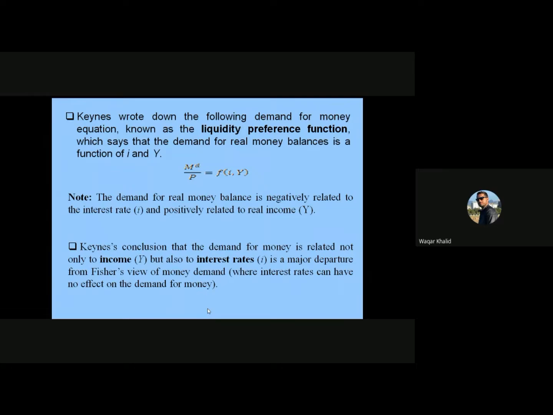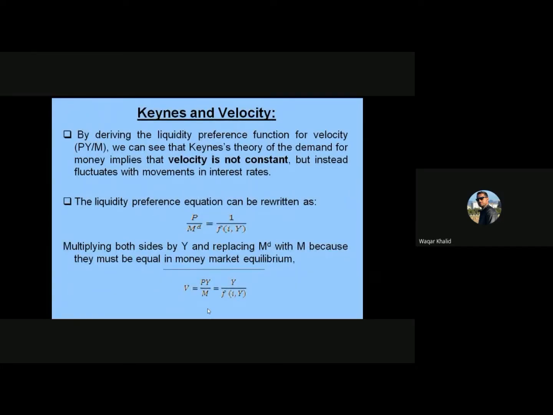Keynes and velocity: by deriving the liquidity preference function for velocity, we can see that Keynes' theory of the demand for money implies that velocity is not a constant, but instead fluctuates with movements in interest rates.